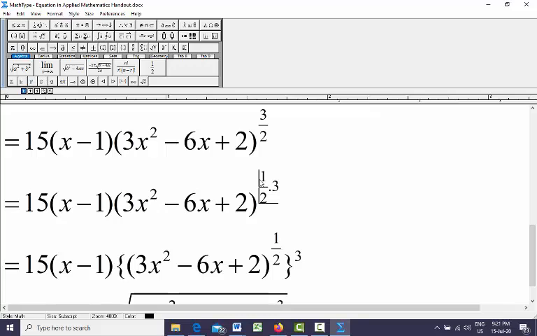So we have half multiplied by 3. We can write it like 3x square minus 6x plus 2 power half, and then over bracket another power 3.